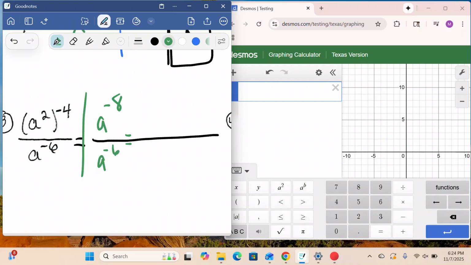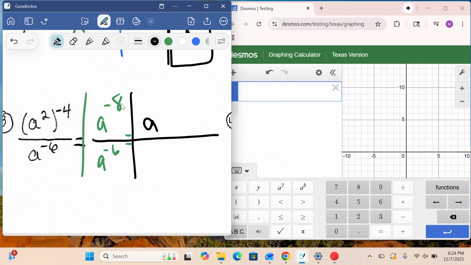I put an equal sign. Then I divide it with my railroad tracks if I want to. And right there I have an exponent, and I have the same base. So what I like to do is I like to put the a at the top. And once again, if you don't know how to multiply negative 4 times 2 to get a negative 8, all you have to do is input it into your Desmos.